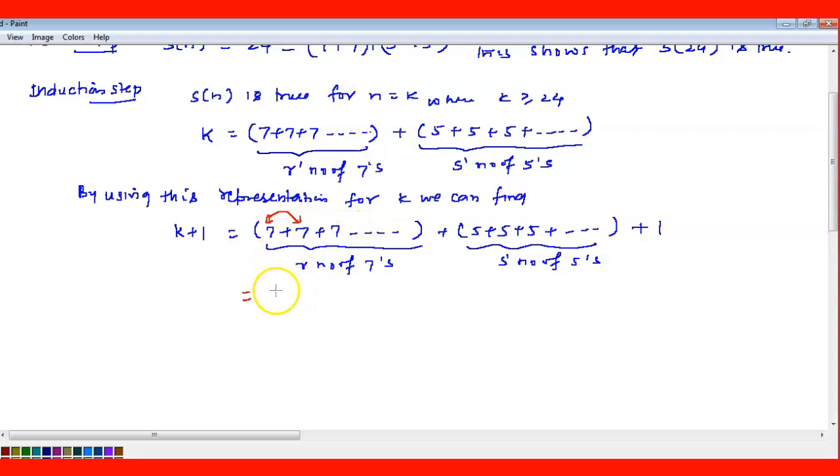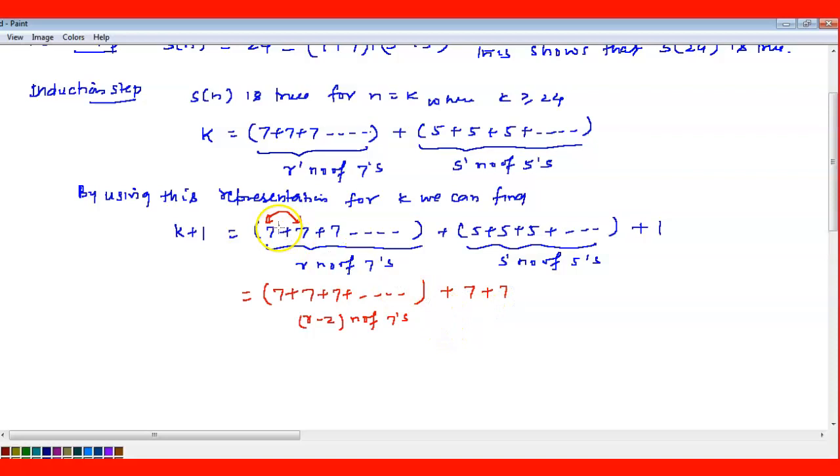So we can write it here as 7 plus 7 plus 7 and so on, how many times? r minus 2 times, r minus 2 number of 7s. And these 2 sevens I have taken outside.